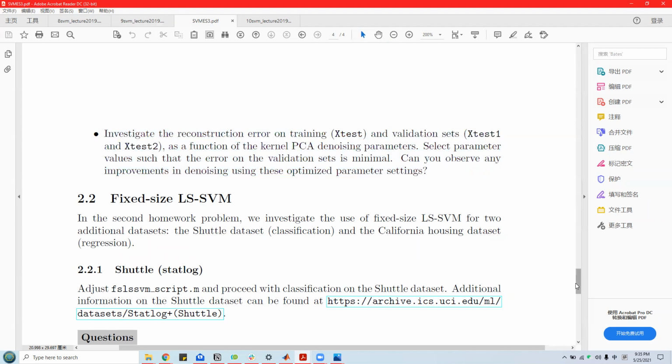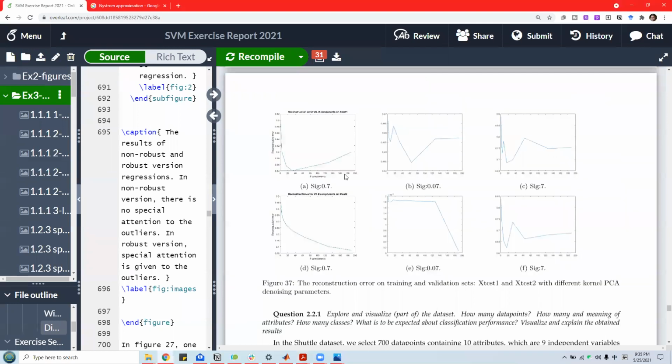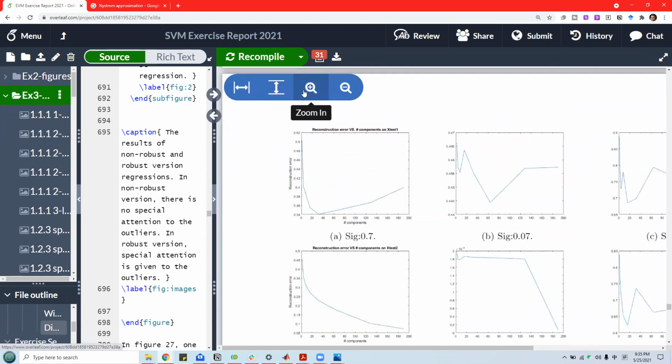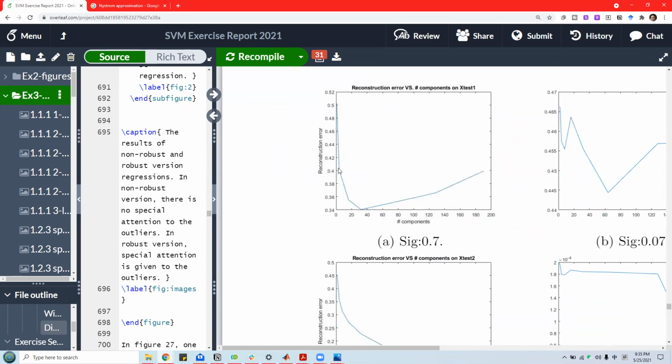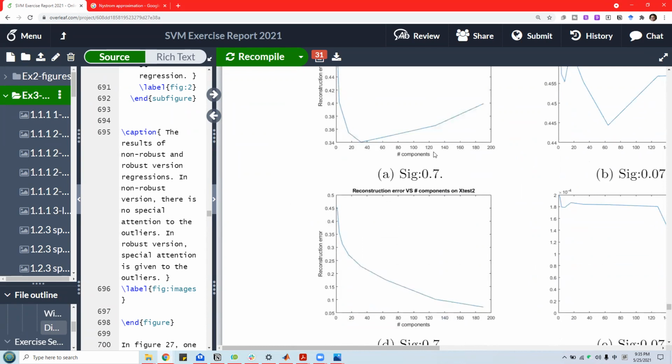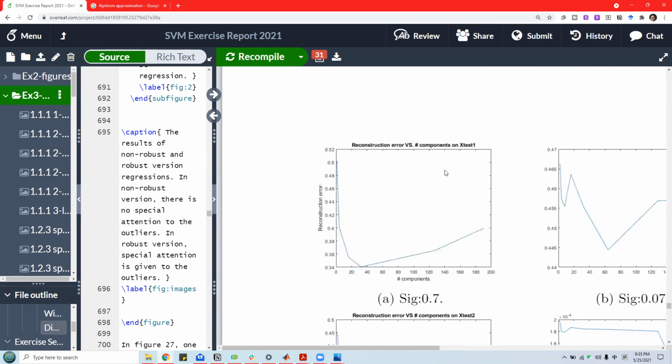So basically you need to implement the strategy which you described before with the exercise in the kernel PCA. What I did is first fix the sigma, and then calculate the reconstruction errors by using different numbers of components, and I get something like this.